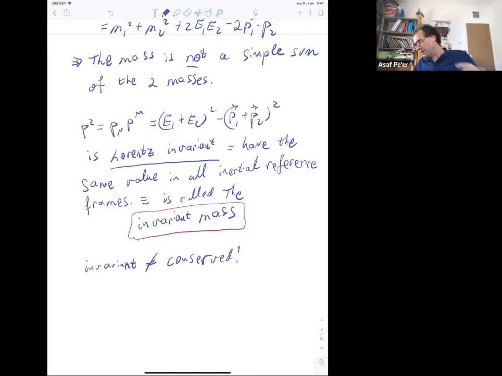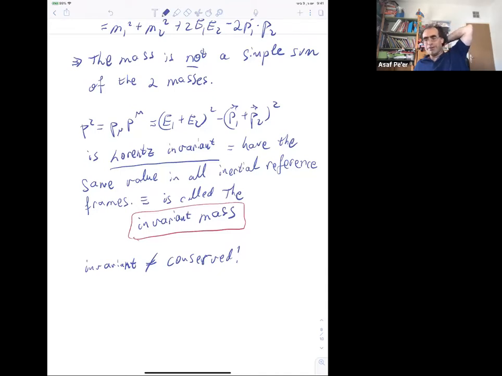No. You can have a situation, that's what you do in colliders, right? You take two beams of particles, you collide them, and when they collide, you might create new particles, right? Now, the problem is often, if you can see the particle, that's great. The problem is often that you don't see the particle. You just see the decay product of the particle. So you're producing a particle, as we're going to show again, not today, but next on Thursday.